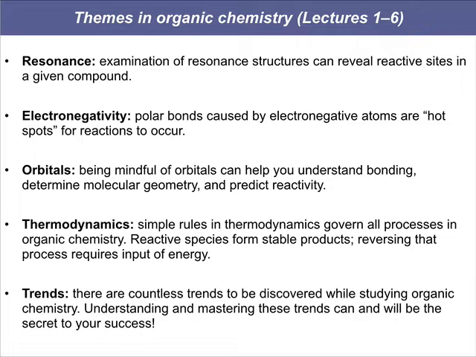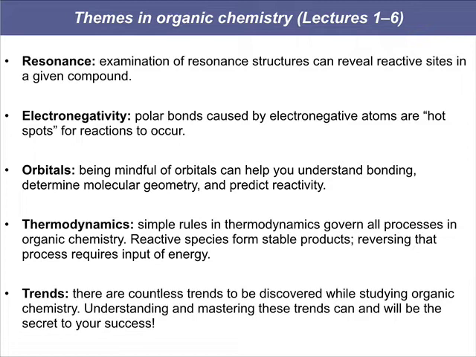And fifth, trends. In general chemistry, you probably learned a bit about trends such as atomic radius, electronegativity, ionization energy, electron affinity. There are so many trends that we're going to see while studying this material.